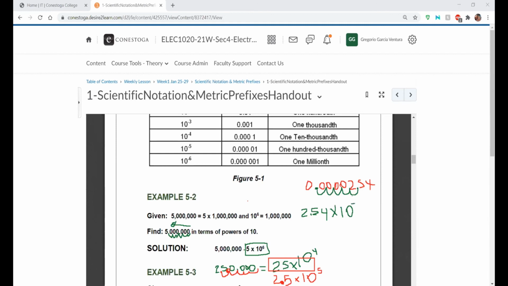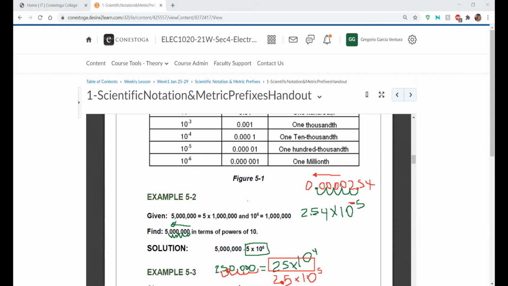-5. It's very important that we write that minus in the -5 because that minus indicates that we are going to be moving from this decimal point to the left. Okay? That -5 means it's going to be moving to the left.